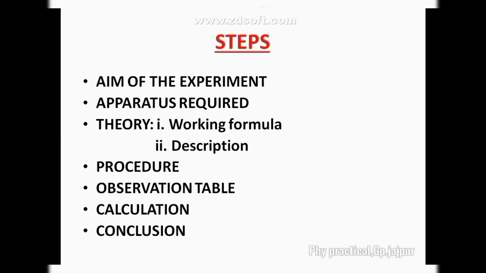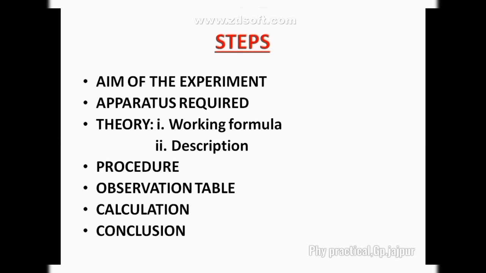Third is your procedure, which you don't need to write, you can only go through it. Next is your observation table. Make tabulations for taking your readings. Next is your calculation.